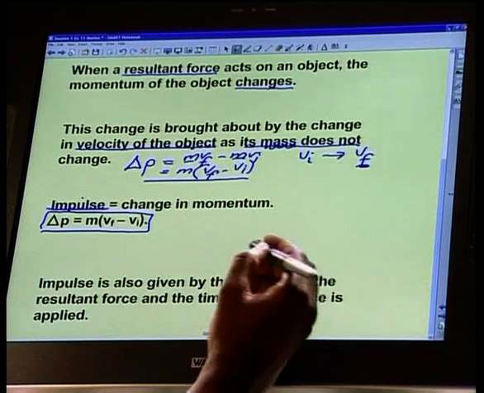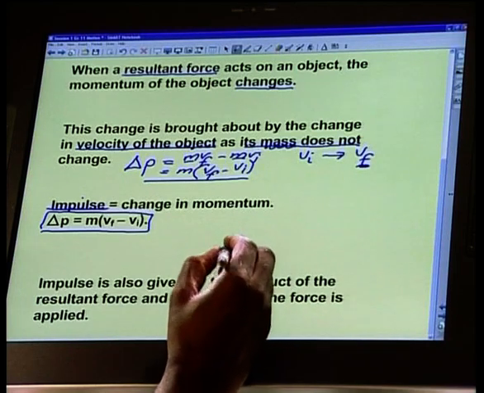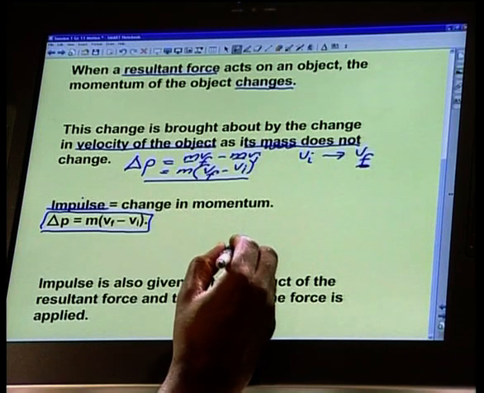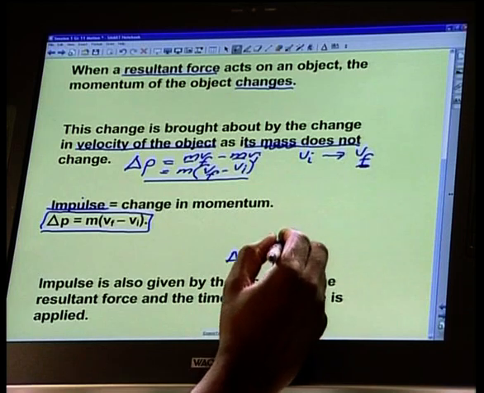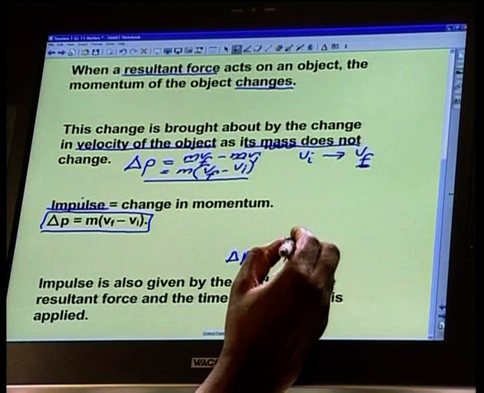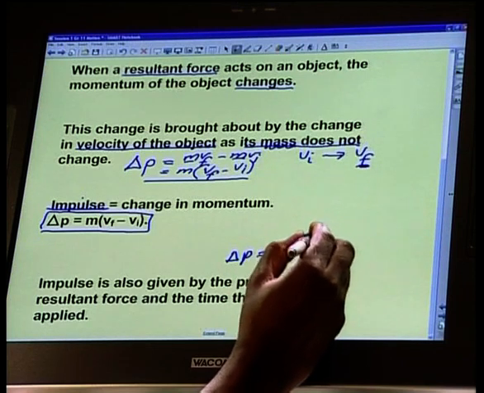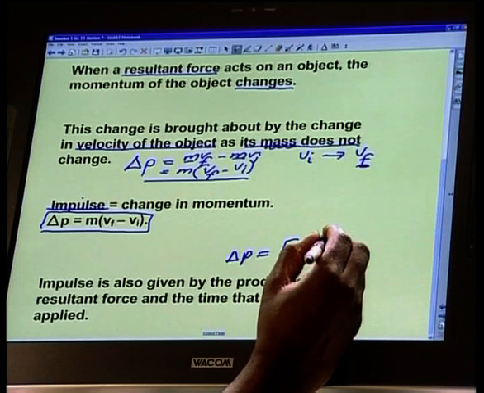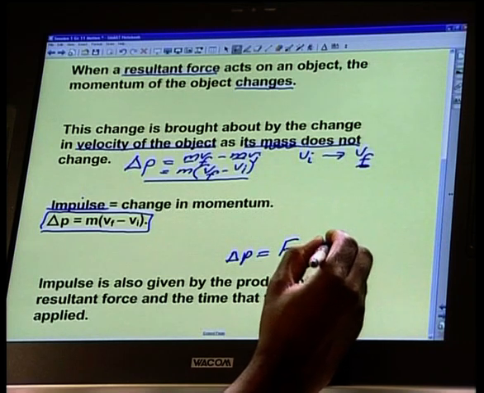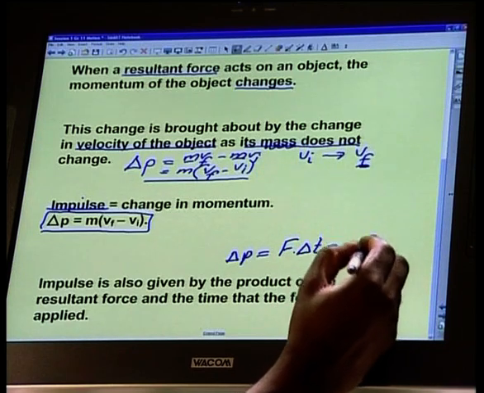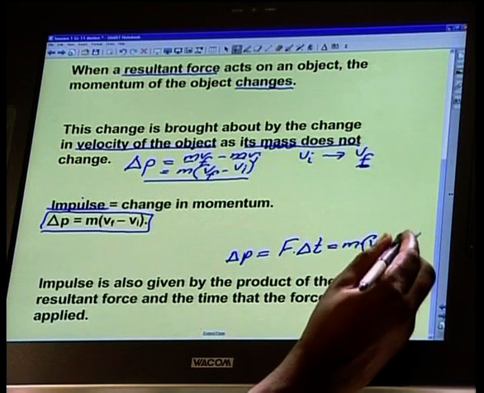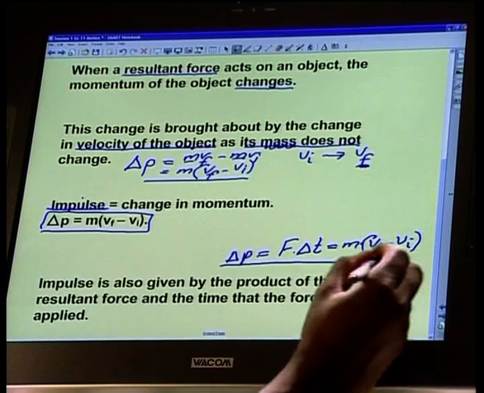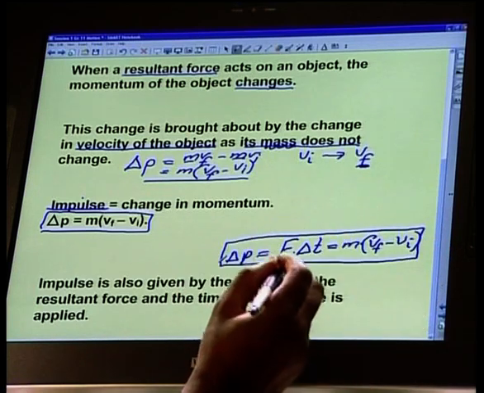What we are saying is that this change in momentum, change in p, is also the same as the product of the resultant force times the time in which the force is in action on that object. And remember, this whole thing again is given by m times v final minus v initial. This is very important for you to connect and understand, and you will see when we do some examples later on in this lesson why this becomes very important.